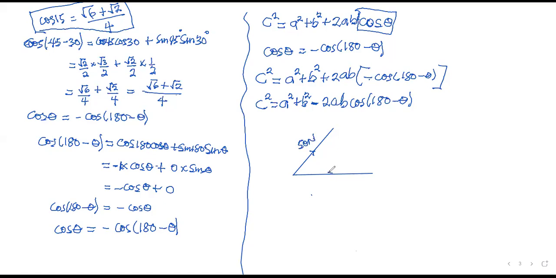So the two vectors, this is 100 Newton. You see, they form the adjacent sides of a parallelogram from their common point.